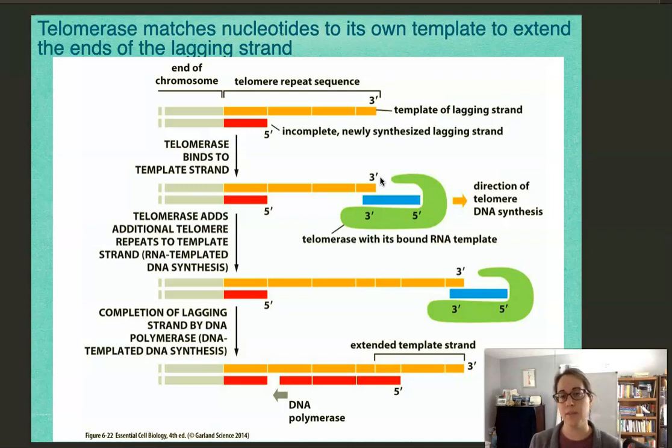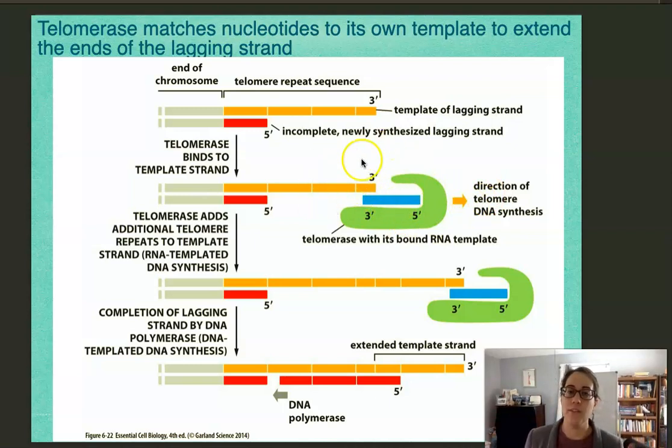But this is a method that is used to prevent loss of DNA before meiosis, for example. So we don't always have these telomerase enzymes active in our body, so that's part of what the research is about. But we won't go into that too much today.